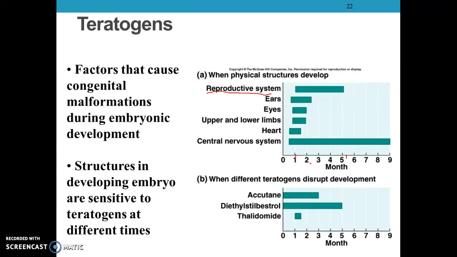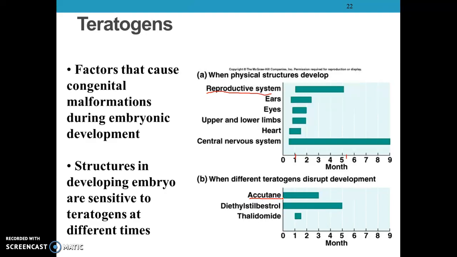The general rule of thumb, or the advice that is given by health professionals, is that if you are not actively trying to prevent a pregnancy, you need to stay away from any potential teratogens. The main ones that we think of are smoke, like cigarettes, alcohol, and things like that. But there are also different medications. Accutane was an acne medication, and it actually caused facial deformity.